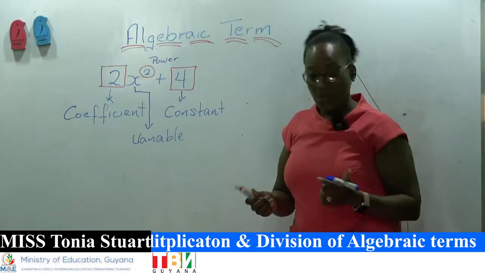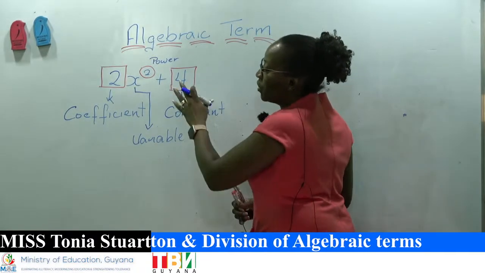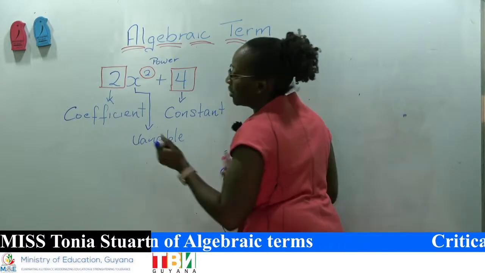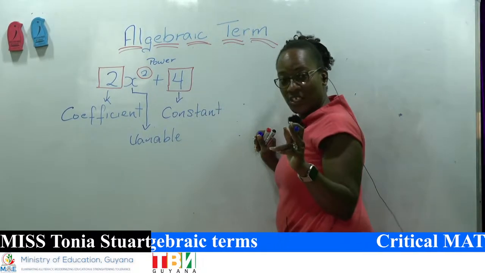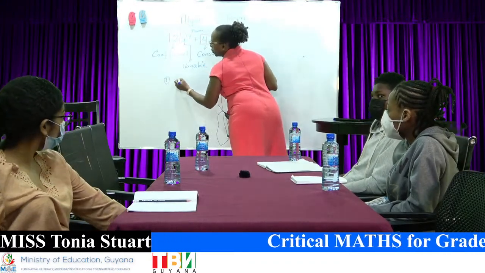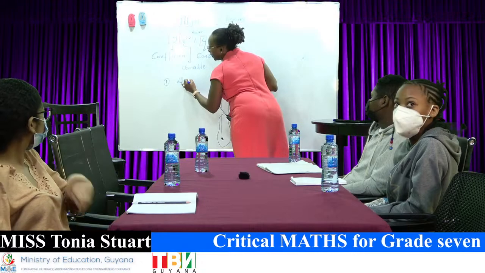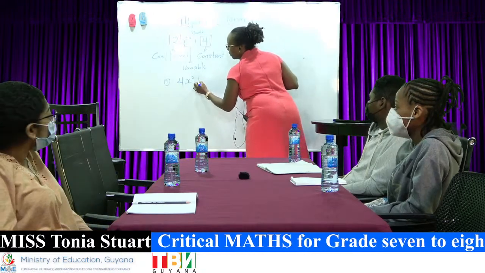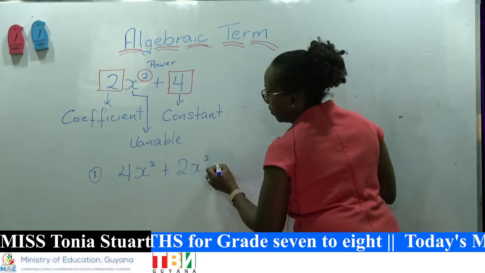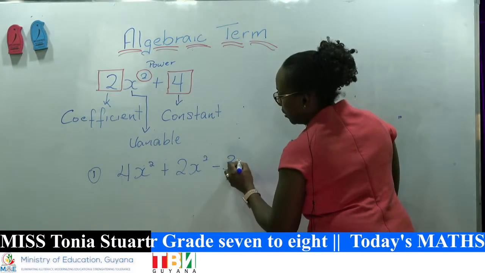Understood? Good. So we know the parts, we know the terms. We did the last class, as I said, the addition and the subtraction, and this is for knowledge sake. So we have 4x squared plus 2x squared minus 3y.